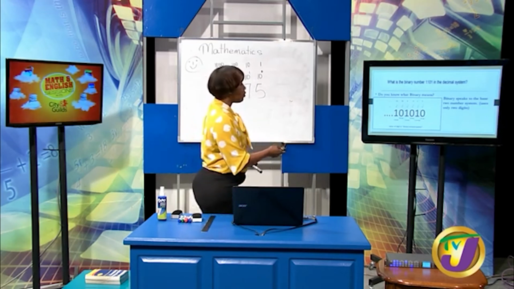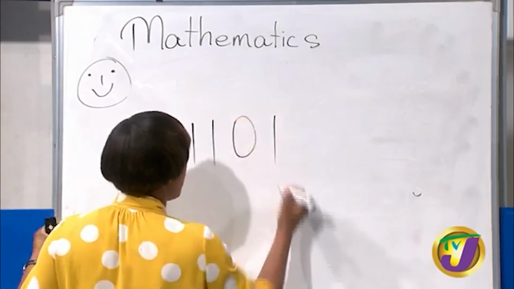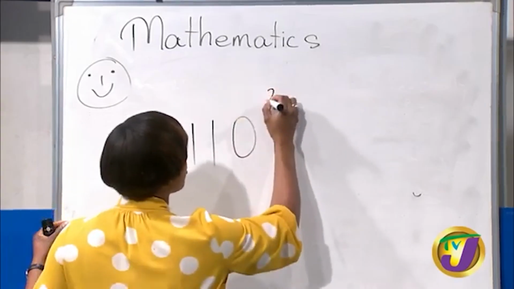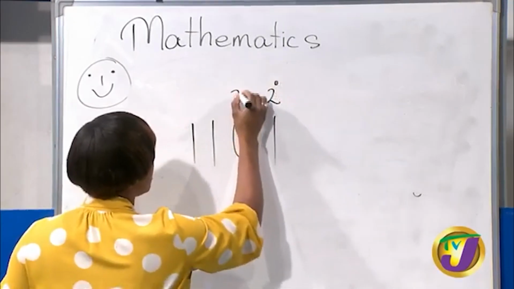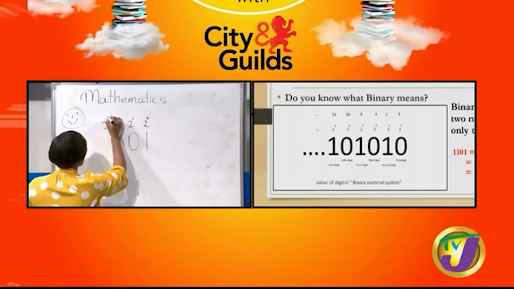So now let's look at what we're looking at. I don't know if that is clear enough, so let me take it to the board and just quickly show you what I mean. So the number is 1101. The first place would be 2 to the 0 power, 2 to the first power, 2 to the second, 2 to the third.